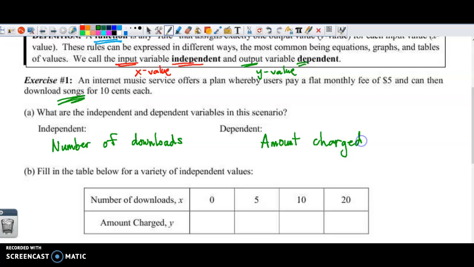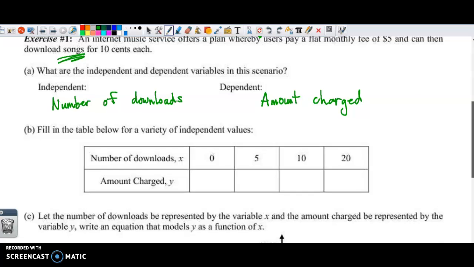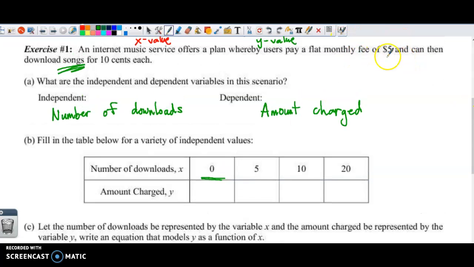So let me try to explain in a little bit more detail why the amount charged is the y variable. If you decided that month that you're going to download 0 songs, just remember that you have a flat monthly fee of $5. You're going to be charged $5. But if you get 5 songs, well, if it's 10 cents per song, that means that they'll charge you 50 cents for that, but they'll also charge you the $5 monthly fee.